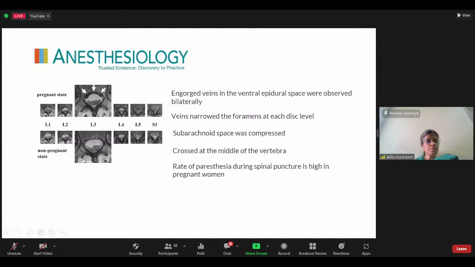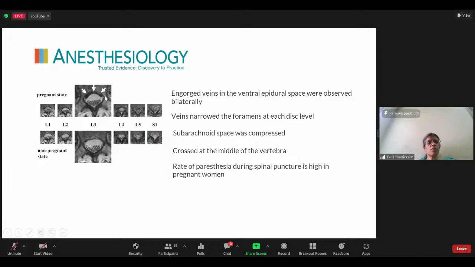This is a study where they have done MRI of parturients, where the vertebral venous plexus were studied. When you look at these white arrows, these are the vertebral venous plexus. They are engorged veins in the ventral epidural space, and they are present bilaterally on both sides.